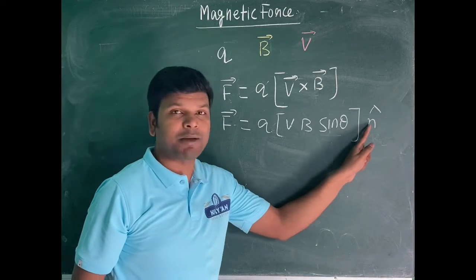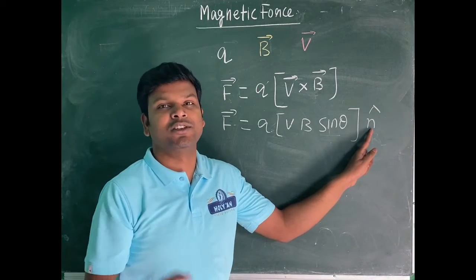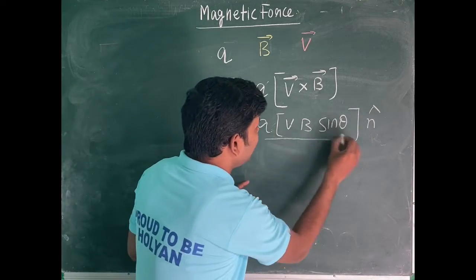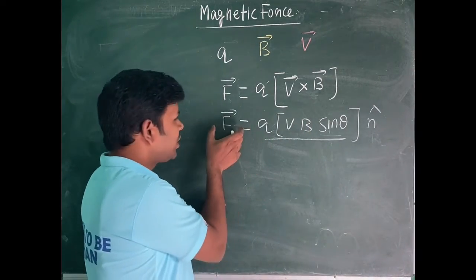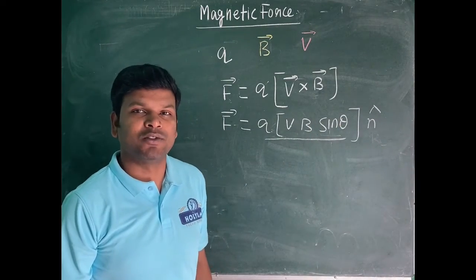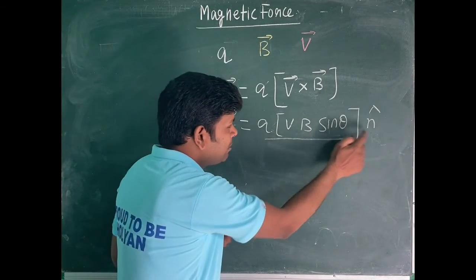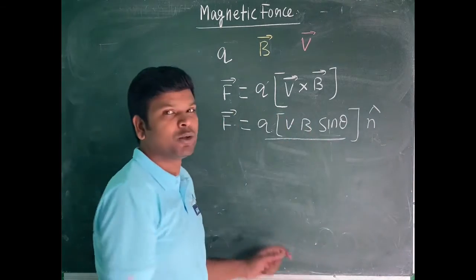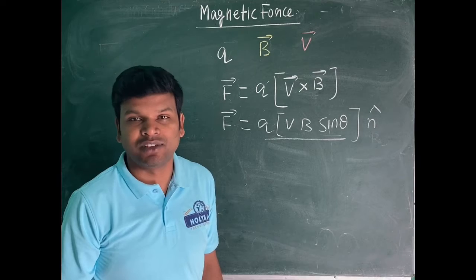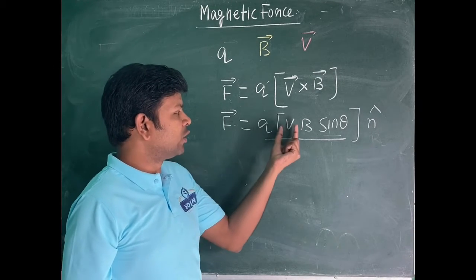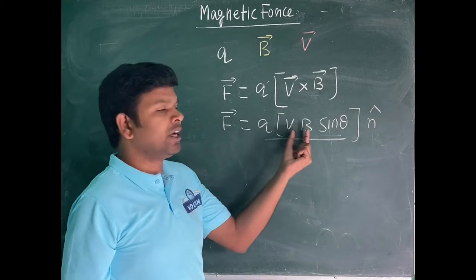Here n cap gives the direction of force. This part, Q into V into B into sine theta, gives the magnitude of force, and n cap gives the direction of force. This n cap is perpendicular to the velocity vector and also perpendicular to the magnetic field. So basically the direction of force F will be perpendicular to V and also perpendicular to B.